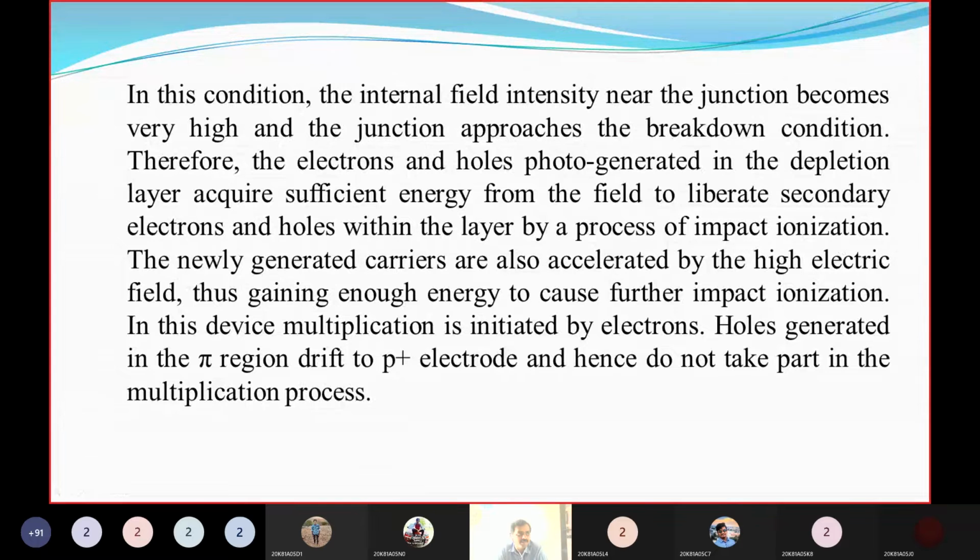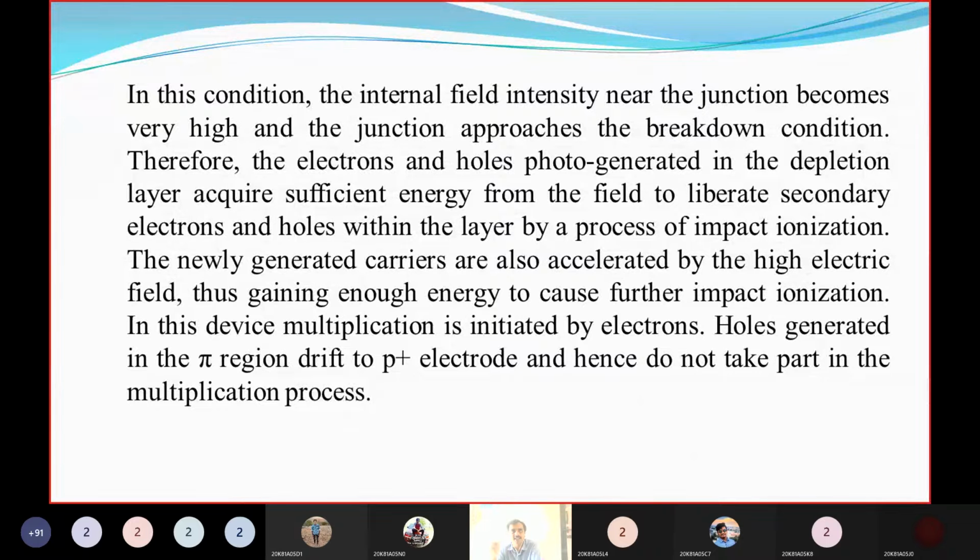Avalanche effect: whenever a fast moving electron strikes another electron, that electron is also released from the covalent bond and acts as a free electron. So what does avalanche breakdown mean?